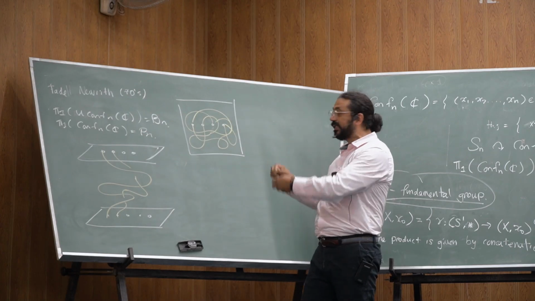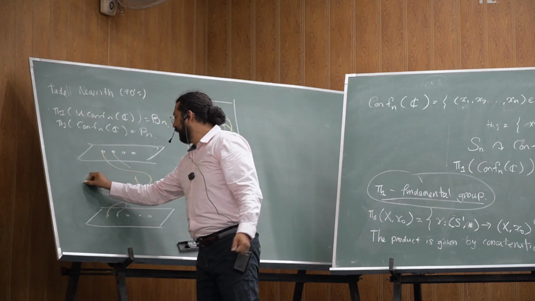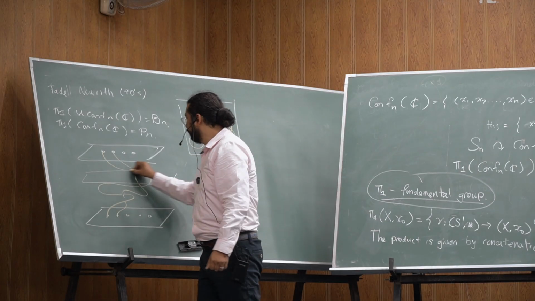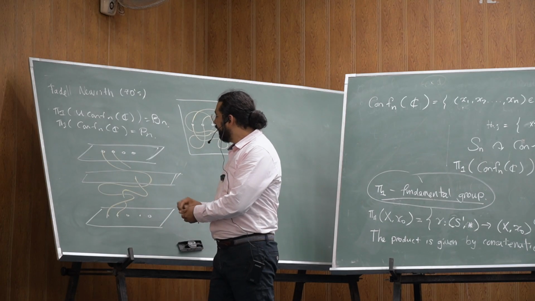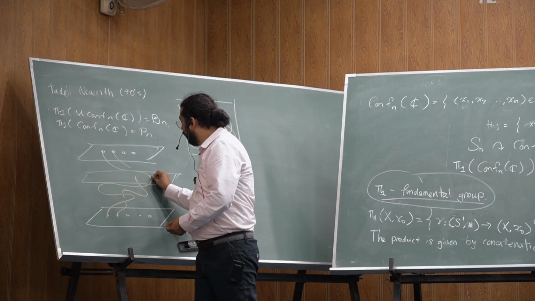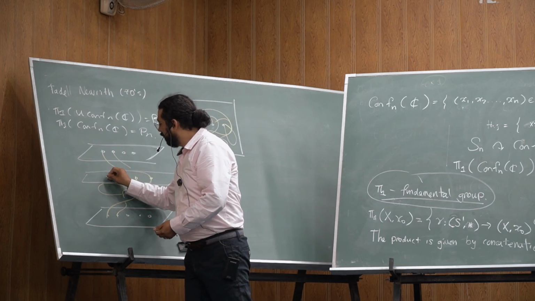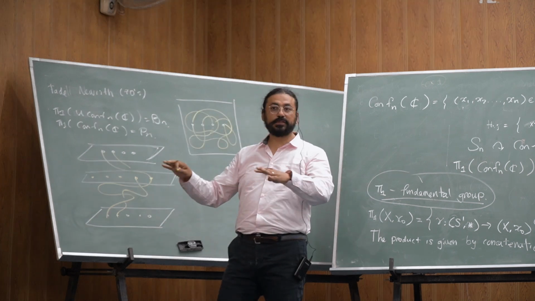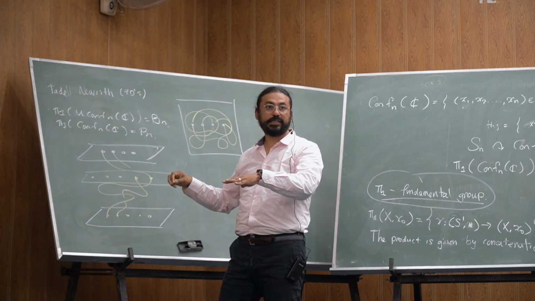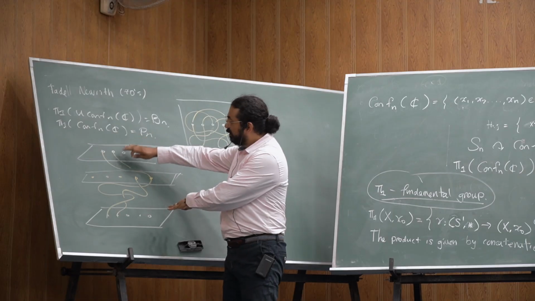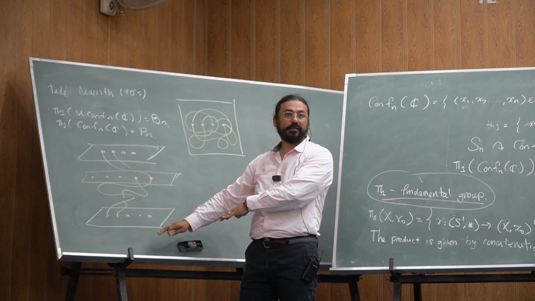As you can see, in each section we need to have 4 different points. And then we will recover a braid.